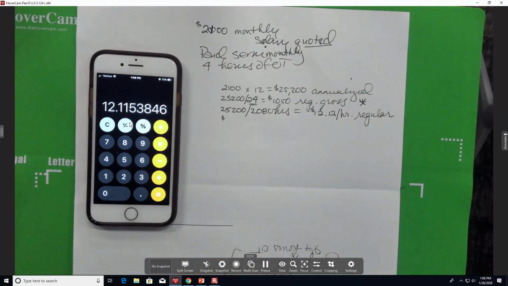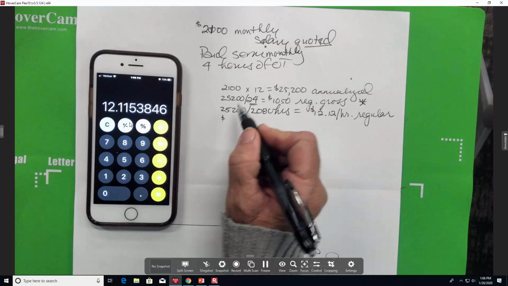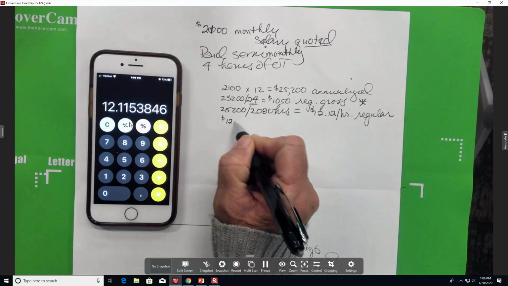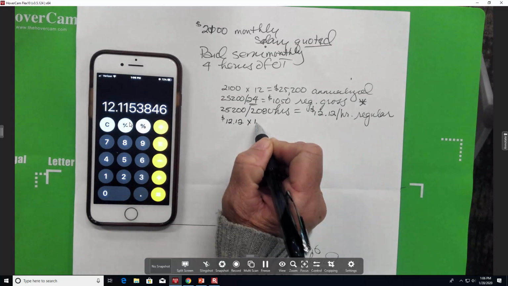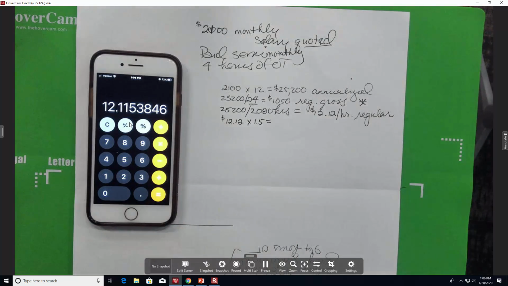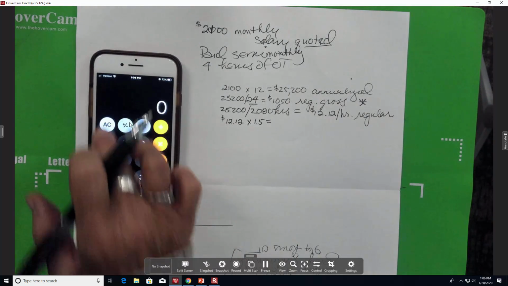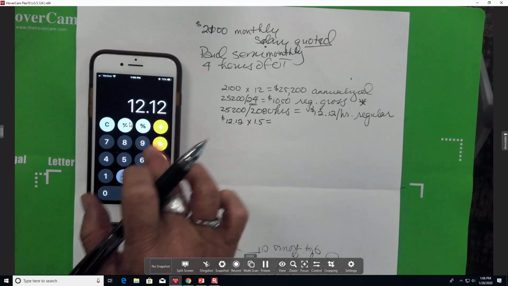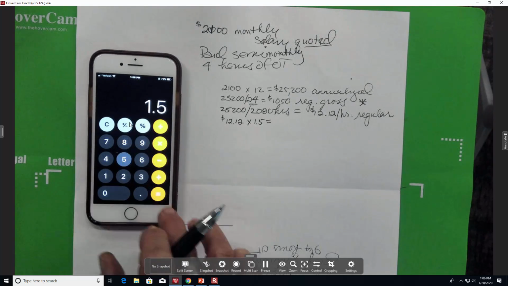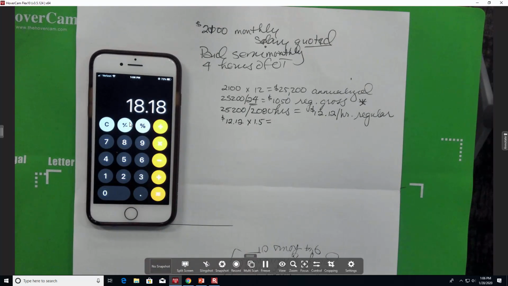What do we do once we get the 12.12? 1.5. But 0.5 technically, right? So to get her overtime rate, right? Or, wait, just kidding. Yeah, little prankster.